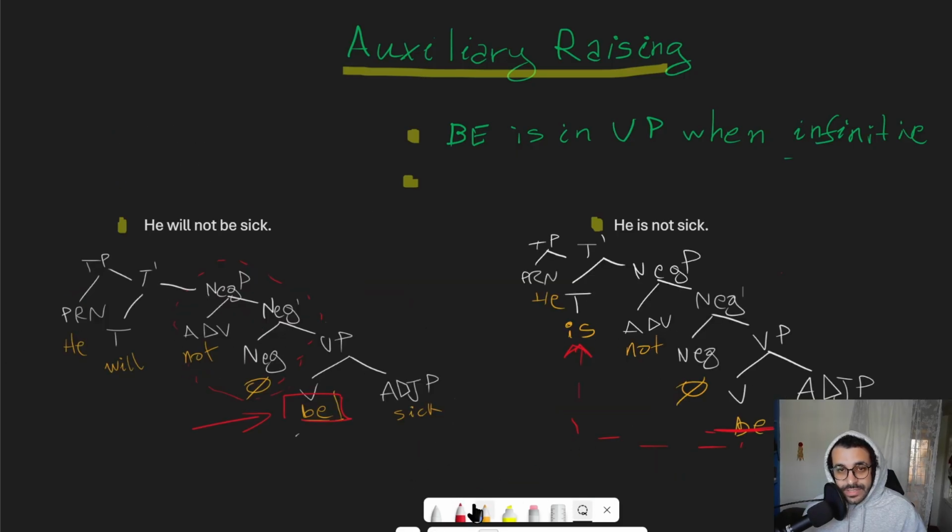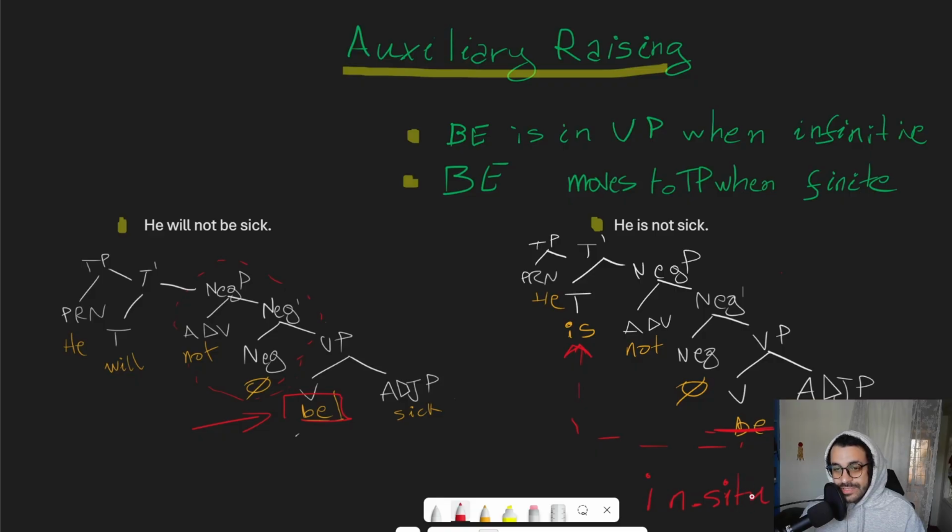Okay, we're back. As you can see here, we have both sentences. Each sentence has its tree under it, and in the case where the verb be is finite in the second example that we've done, what we say is be moves to TP when finite. So be is, what we call in syntax, in situ, which means the original position before any movement.